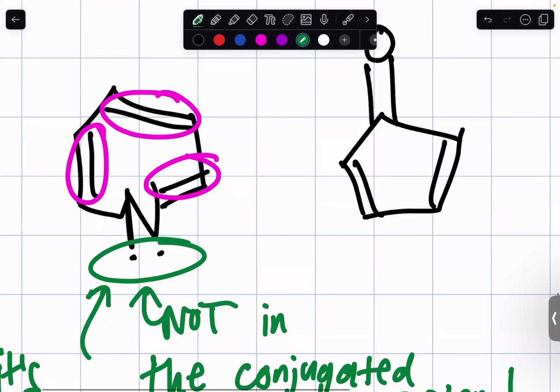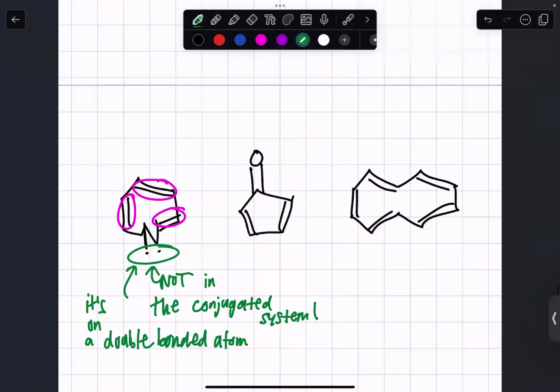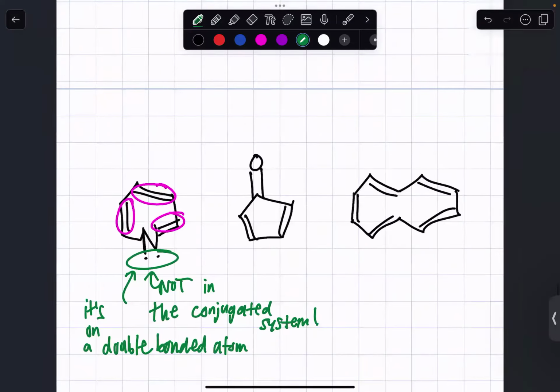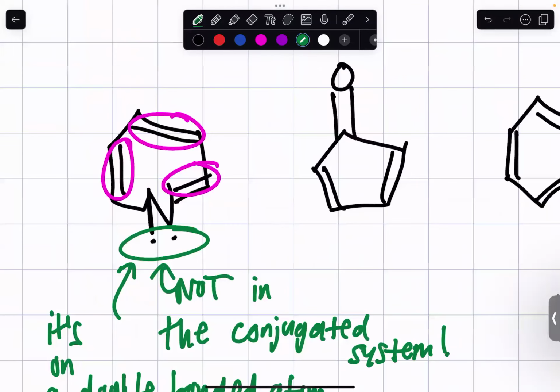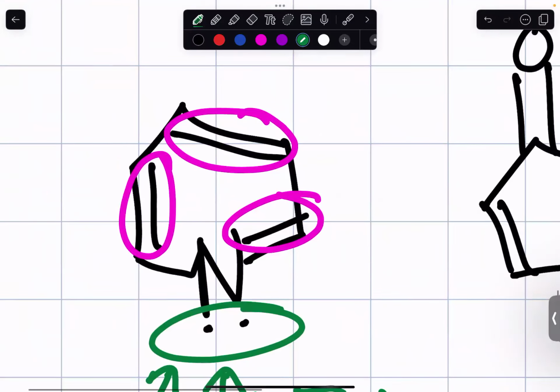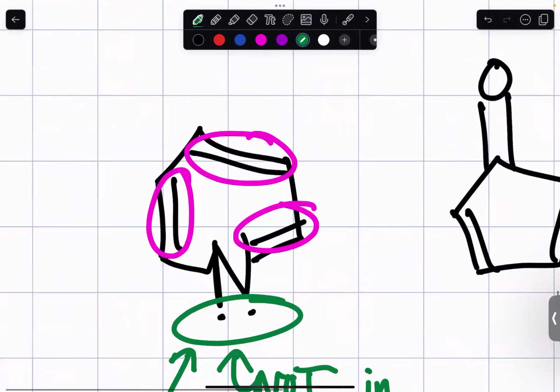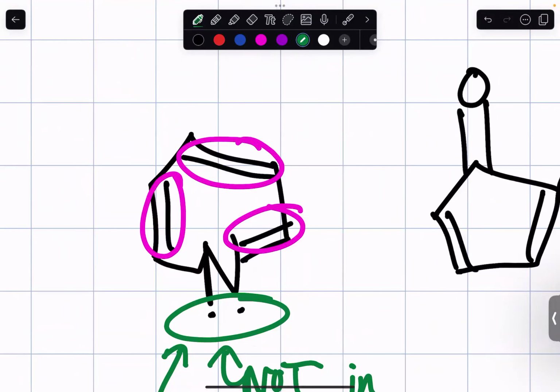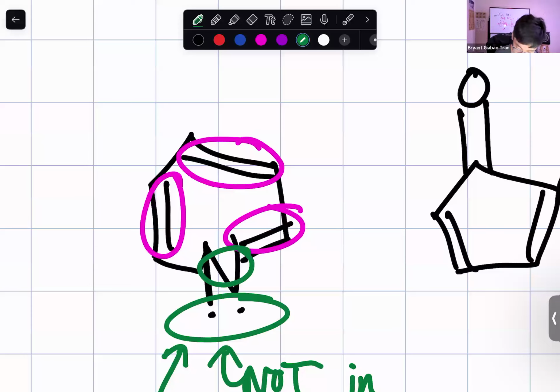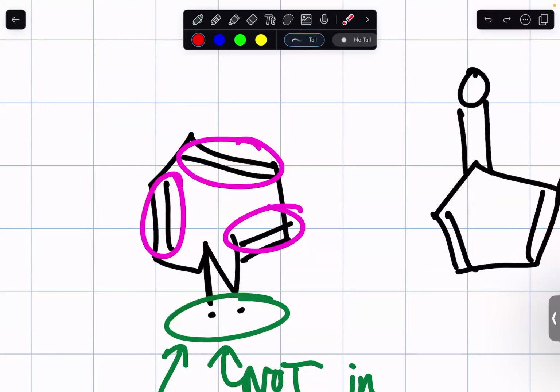So this nitrogen atom is connected to three carbon atoms: one single bond and one double bond. This nitrogen has one single bond, one double bond, and one pair of electrons, which gives it 5 electrons: 1, 2, 3, 4, 5.